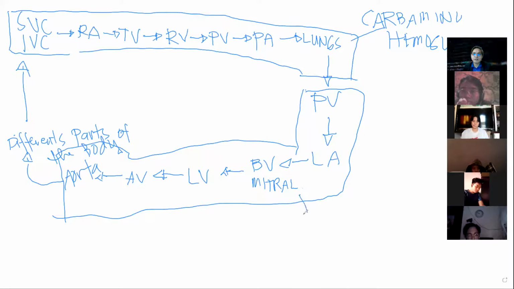And this one is carrying oxyhemoglobin. Correct? So since this is carrying carbaminohemoglobin going to the lungs, this is called pulmonary circulation.